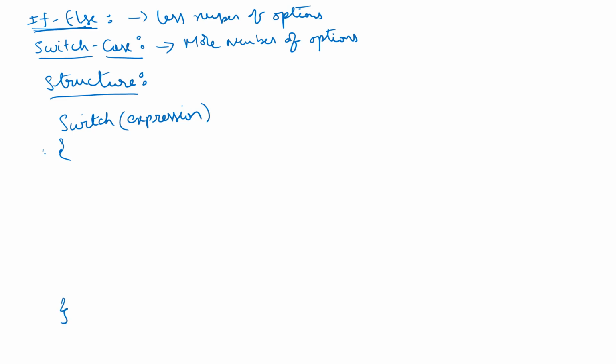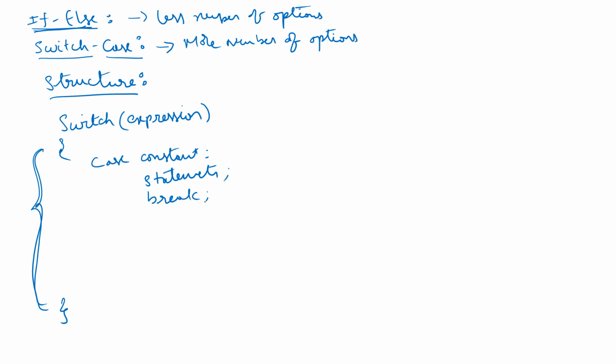And here the statements come, and within these statements we will have a case keyword and a constant, and then some statements, and we'll have a break keyword, and then another case with a constant and another set of statements, and a break statement.